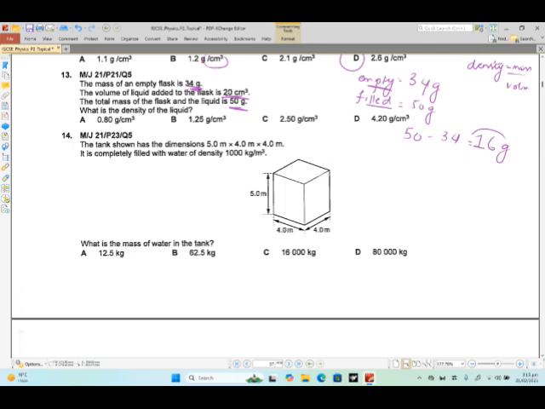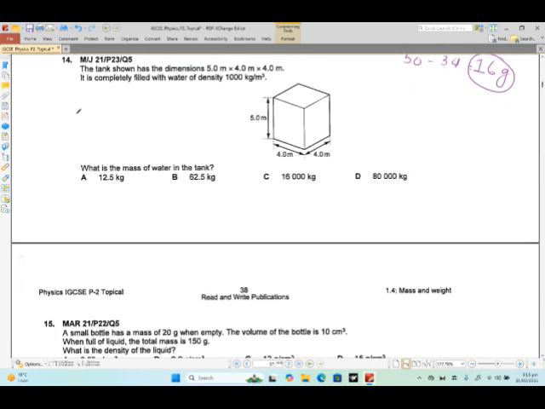So this is the mass of the liquid. They haven't mentioned it's water. And we already have the mass and the volume. So we will put these values in our formula, 16 over 20 centimeter cubes, and this would give us 0.8 grams per centimeter cube. So this is going to be our answer.